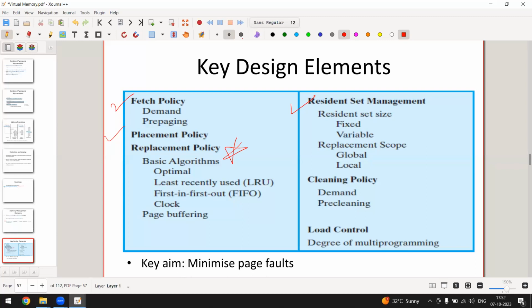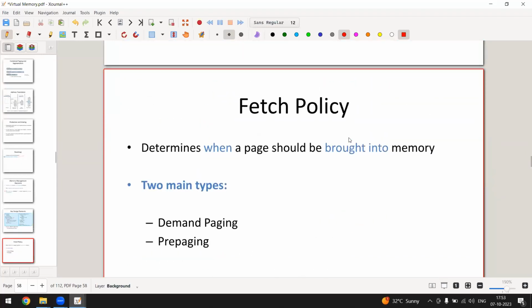There is a lot of weightage of operating system in GATE exam as well, and frequently the questions of memory management are asked. So I will select a few problems and we can discuss them during the next session. So this session and next session we have to spend on virtual memory. After that, we will start the discussion on concurrency control. Anyways, let's look at the policies one by one.